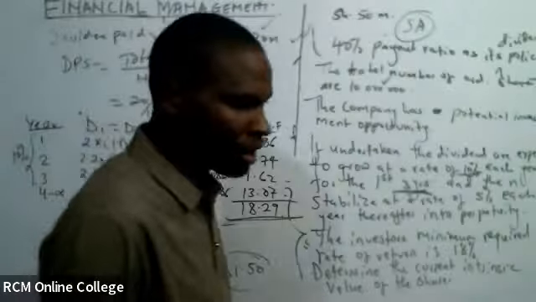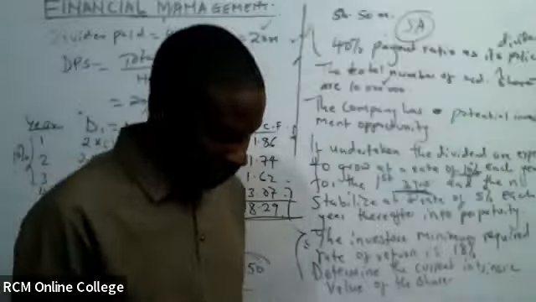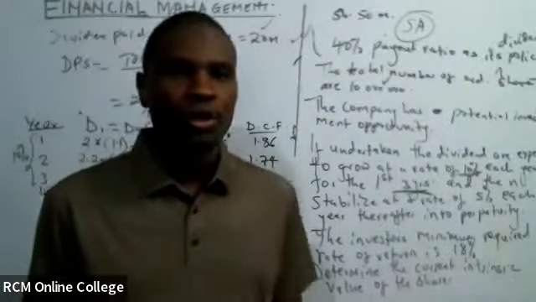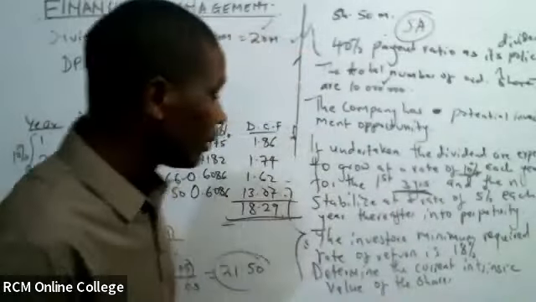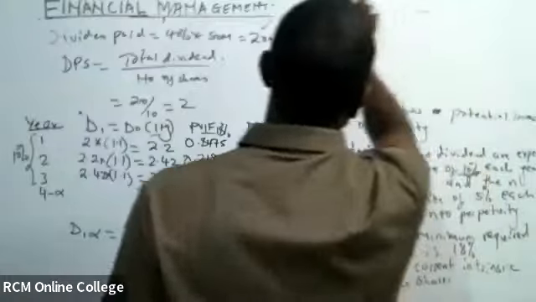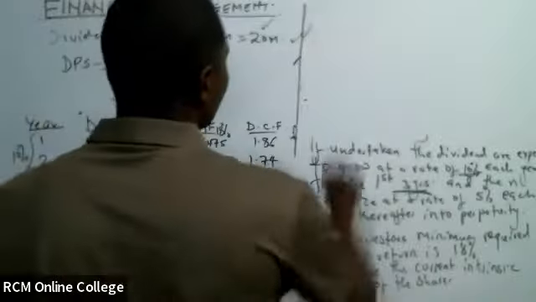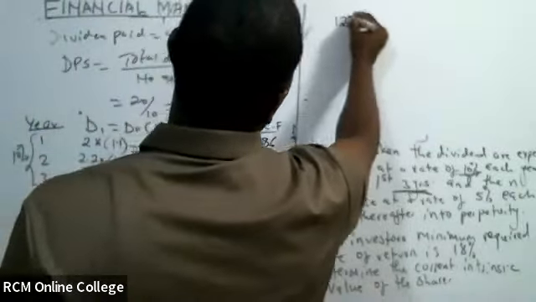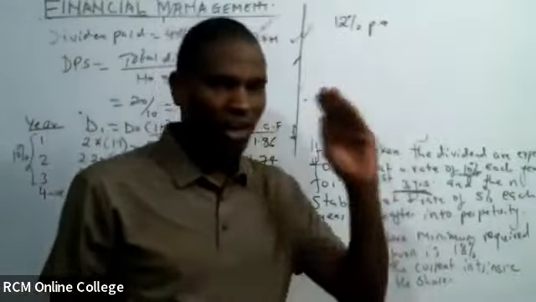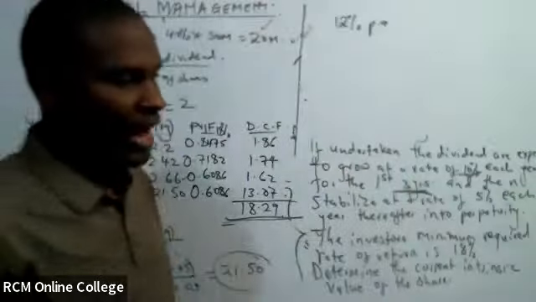Assignment. Linet Limited is forecasting a growth rate of 12% per annum for the next 2 years.